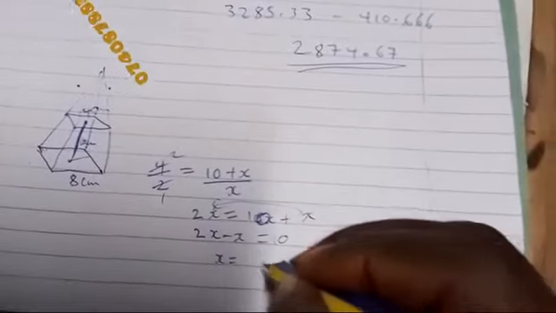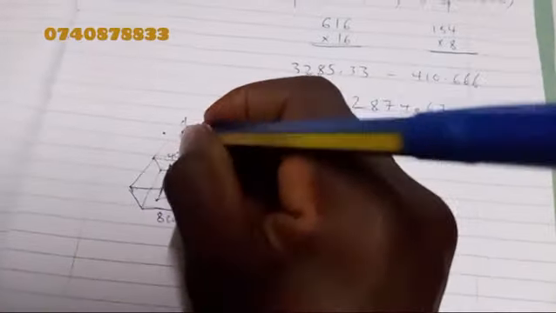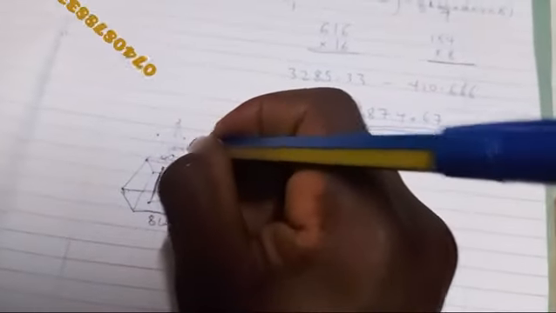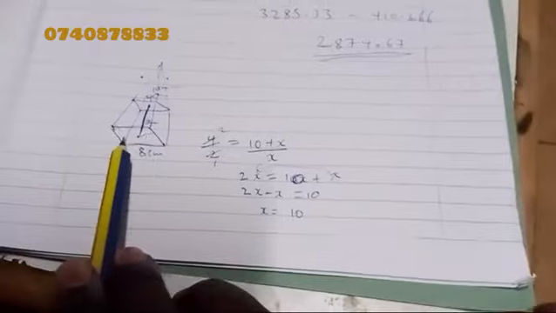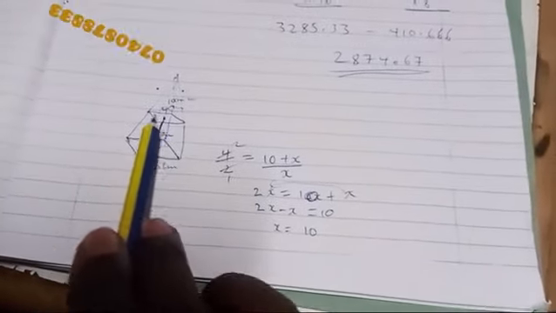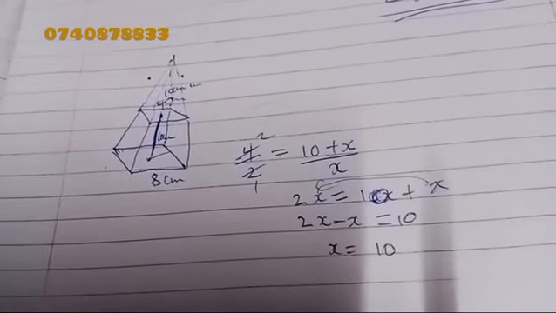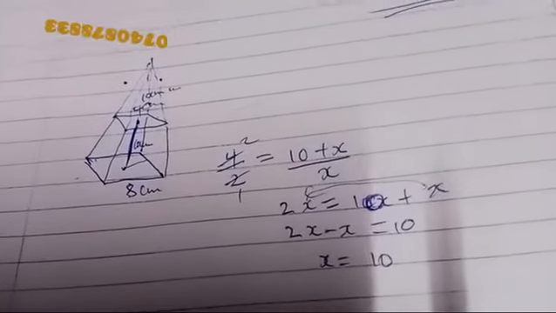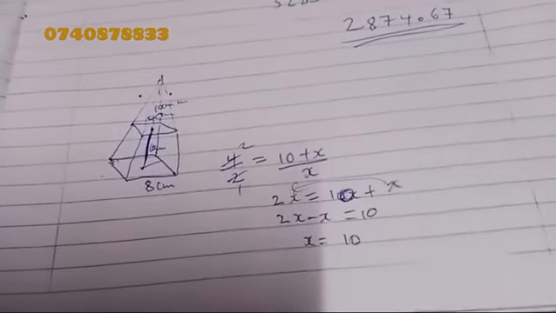So x is equal to 10. So our new height here from here to here is still 10 centimeters. Then you are asked the volume of this. It may be in the form of a block, it can be a jerry can. So you are just asked to calculate the volume. It will be very simple.